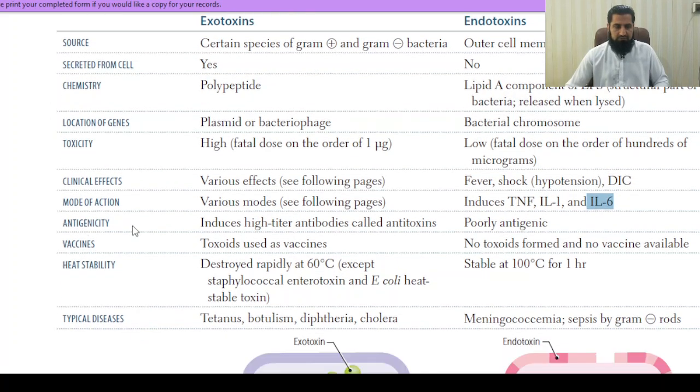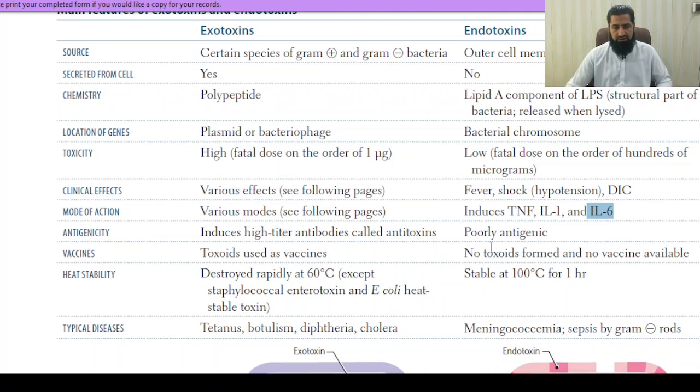Antigenicity. Exotoxins induce high titer antibodies called antitoxins, while endotoxins are poorly antigenic. Vaccines: toxoids are used as vaccines for exotoxins; there is no toxoid for endotoxins, and no vaccination is available.